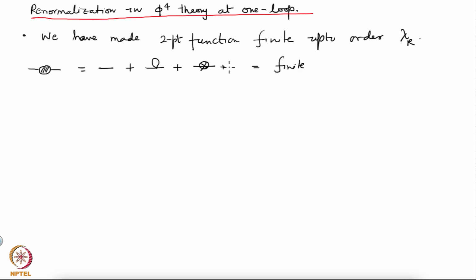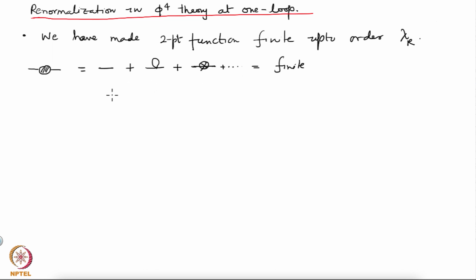Of course there are other higher terms, but we haven't done anything for those. Whatever calculation we did last time was for order lambda terms, because here you have a lambda r, and this vertex is also a lambda r vertex. It's a two-point vertex, but the order is of course lambda r.